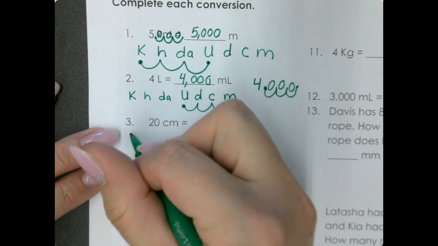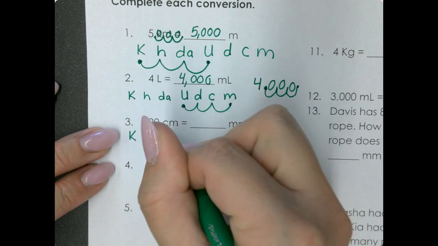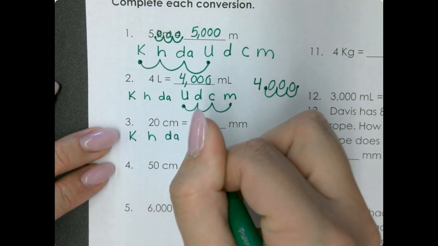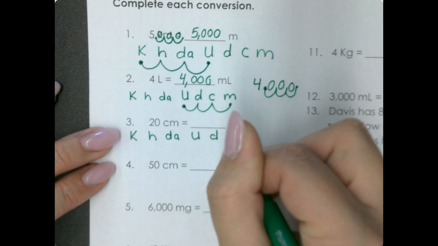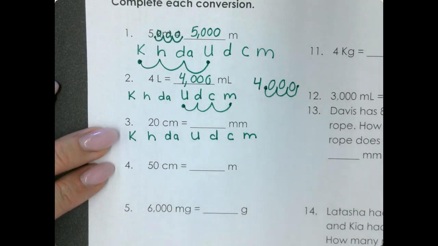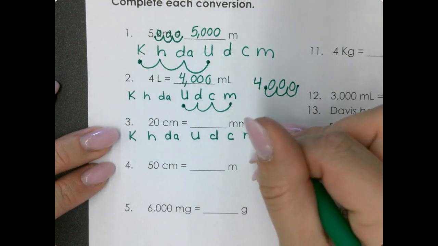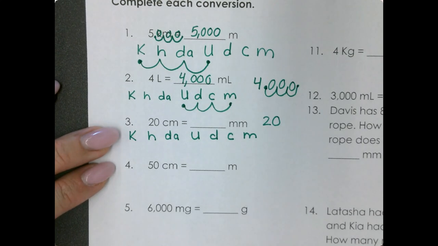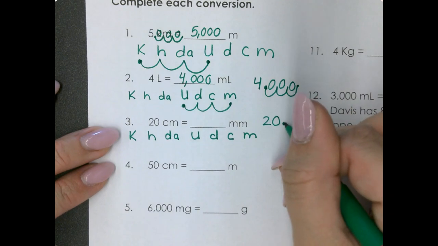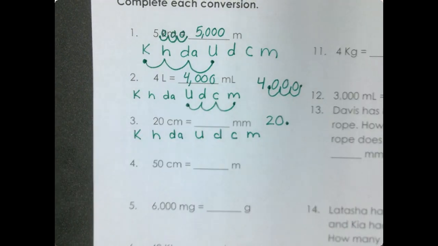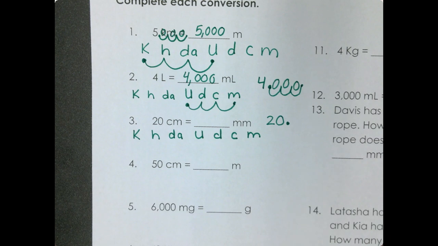Okay. King Henry died unusually drinking chocolate milk. Tiff, where does my decimal go? We have a 20. Behind, yep. Some of them will have decimals. The one we do tomorrow, they will have decimals in there. So not all the time do you have to put a decimal in. Centimeters to millimeters. What letters are we starting at? Where are we going?